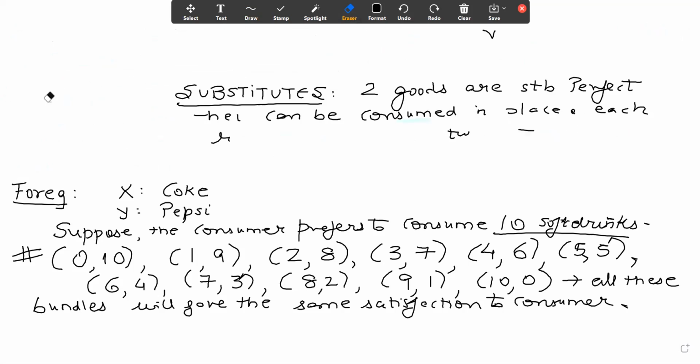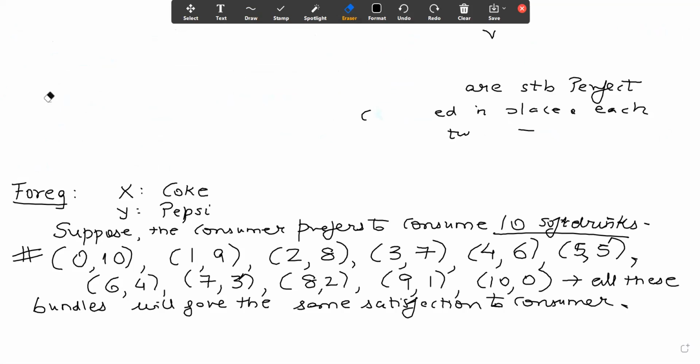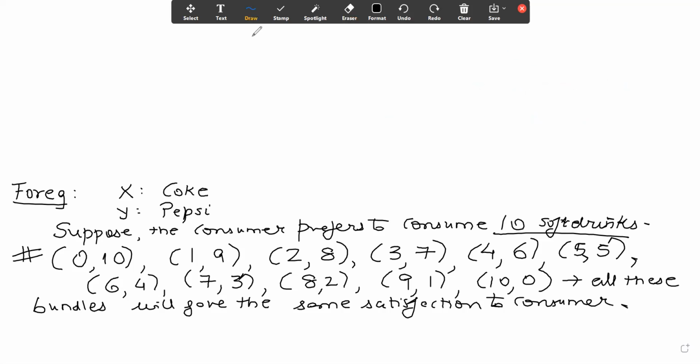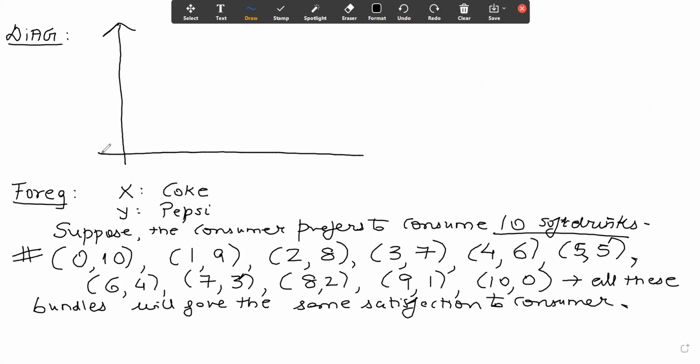Let's plot these consumption bundles and see what we get. Let us draw a diagram. On your screen, you can see that on the x-axis we are measuring Coke, and on the y-axis we are measuring Pepsi.